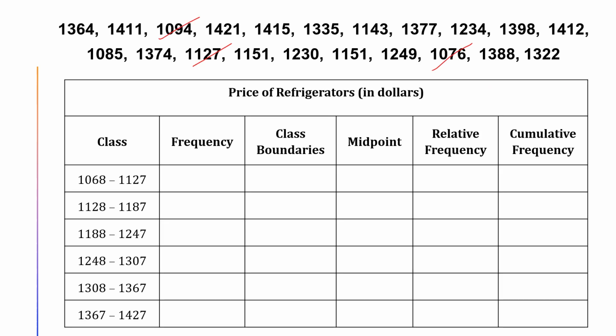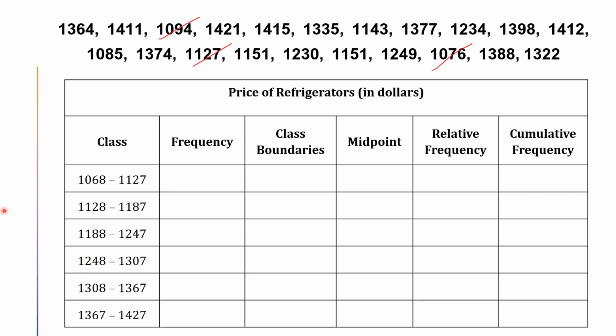All right. So we are supposed to fill out this frequency table for the price of refrigerators. You can see I've already got the classes spread out for you, spaced out in the appropriate way. That's not something that I'm expecting you to do at this level.